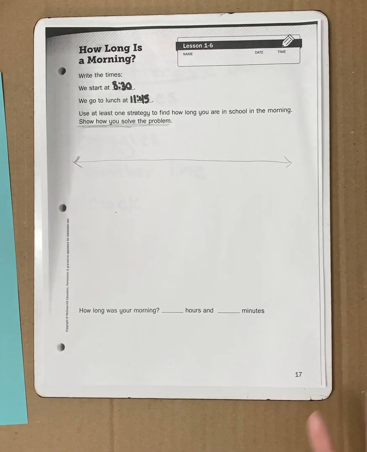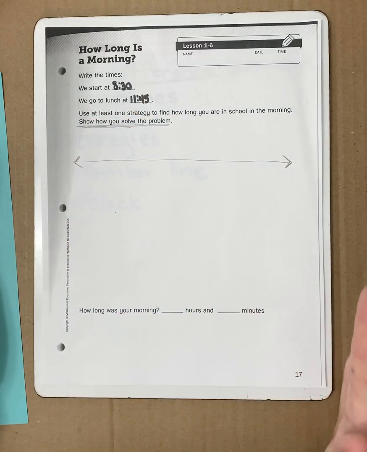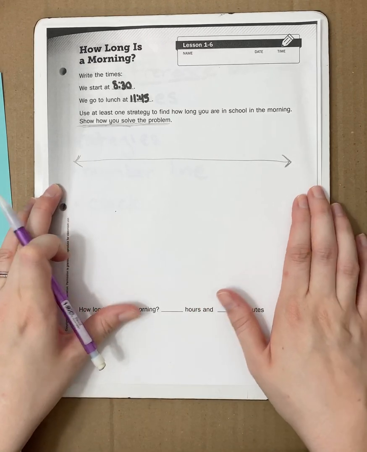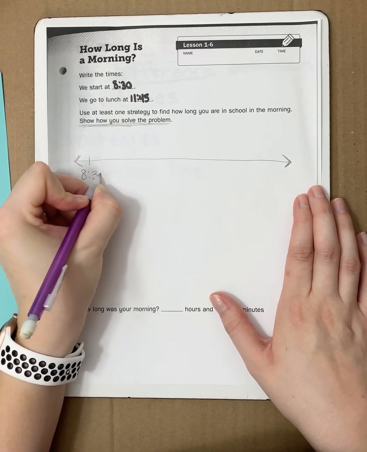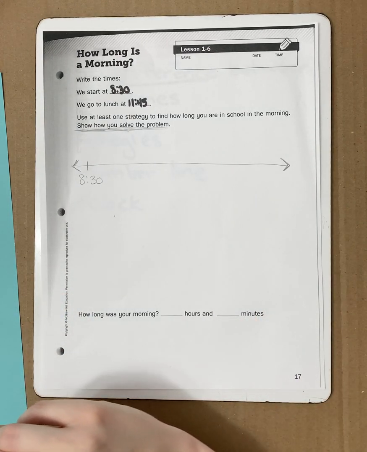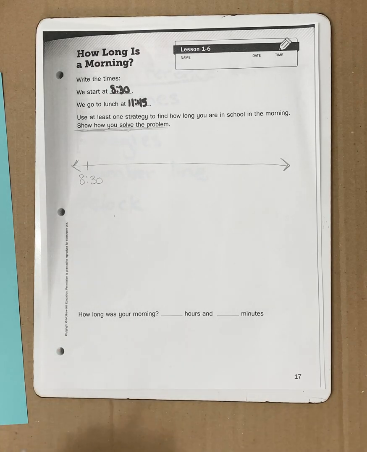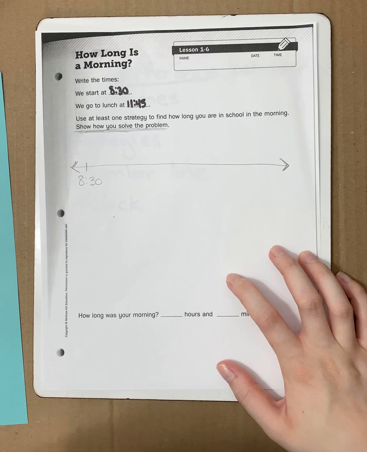The first strategy I want to show you could have been a number line. And maybe some of you did a number line. What we start with is we make our number line. I want to write our start time of 8:30 right here. And the first skip count that I would like to do is get us to using hours. So I don't want to have to deal with all of these minutes. I want to get us to hours.